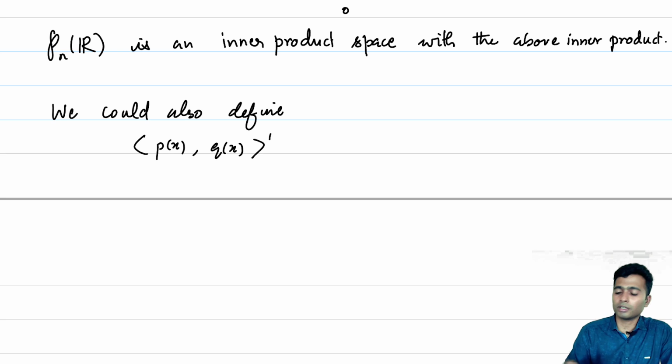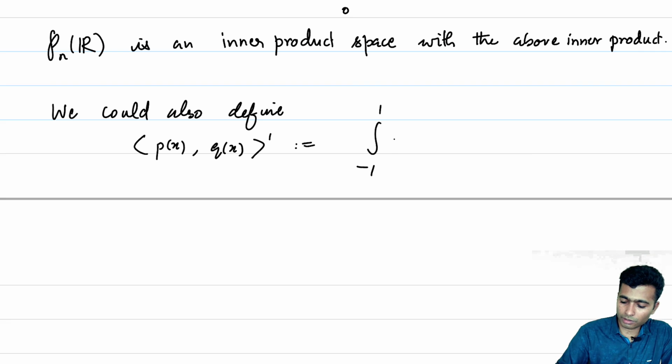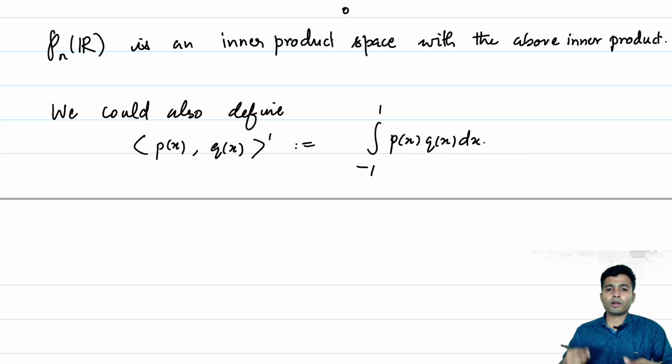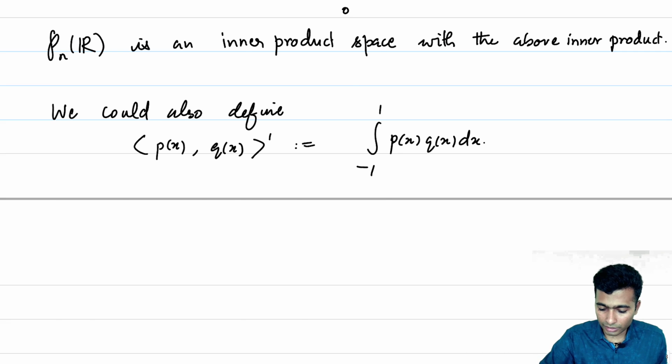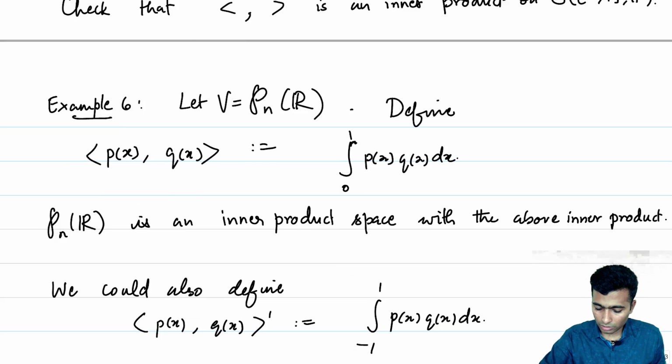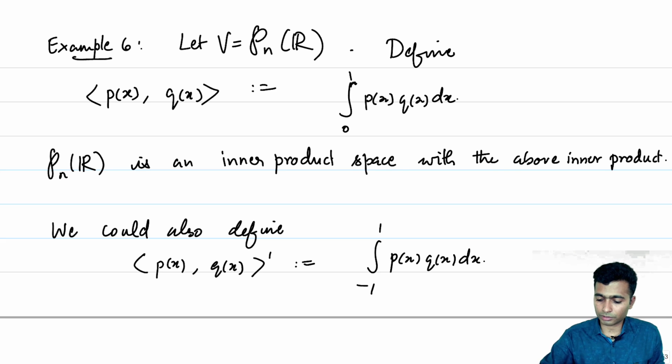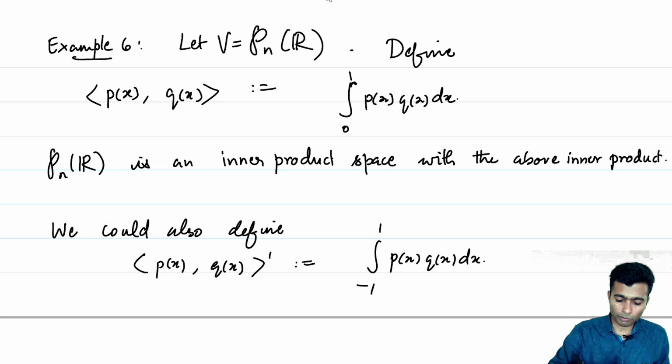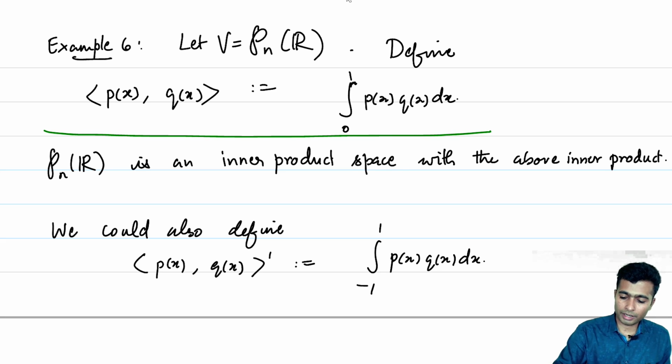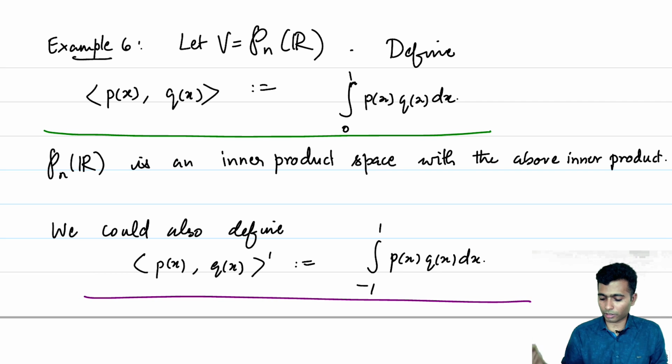Let's put a prime here to denote that this is a different inner product, which is the integral from minus 1 to 1 of P of x Q of x dx. So we have now given two different inner products to Pn of R. So this is one inner product and this is another inner product. There is no natural way to say that one is better than the other.